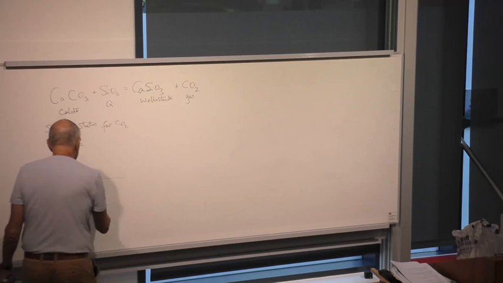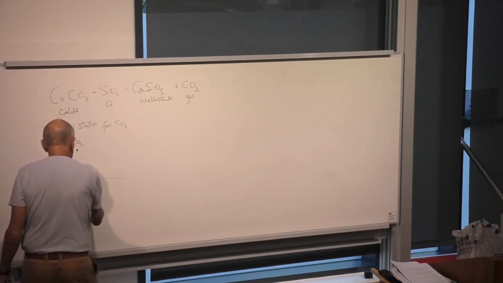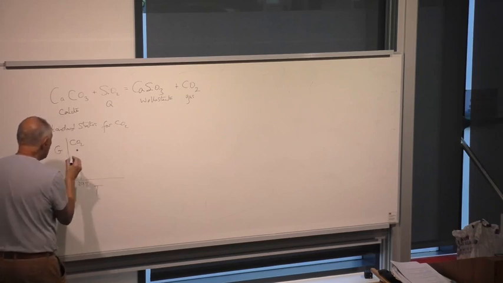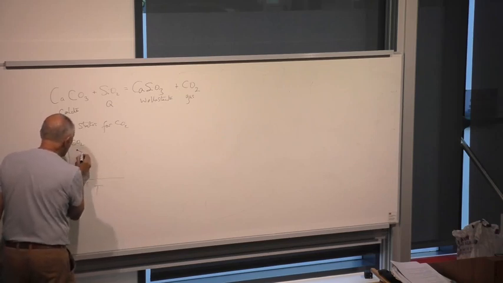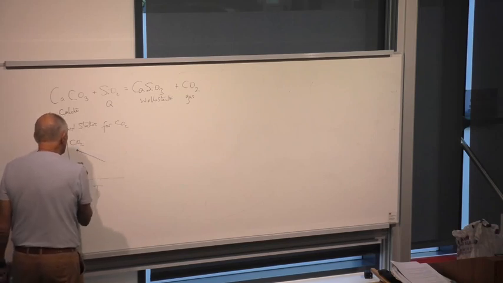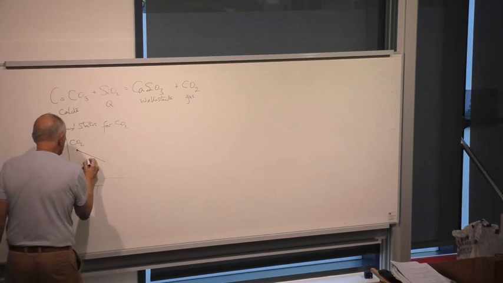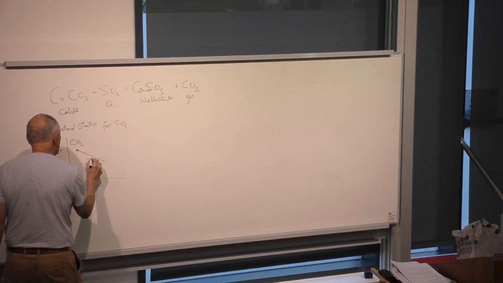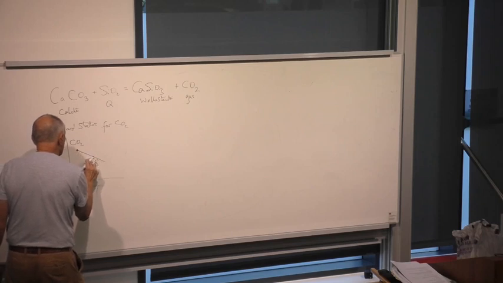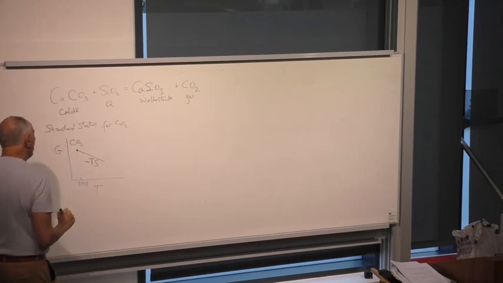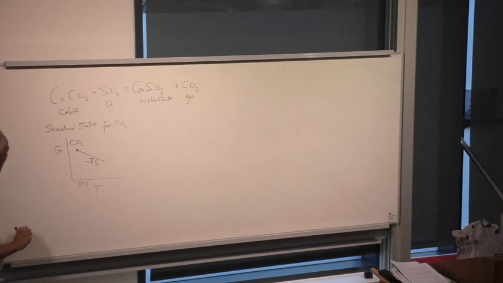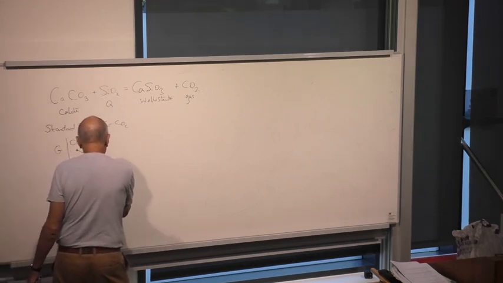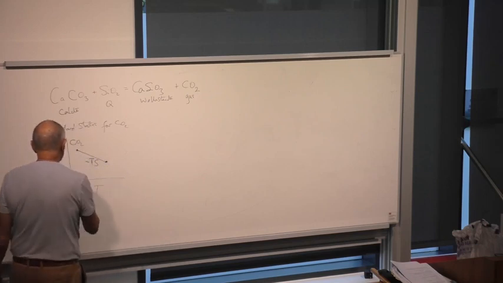So that might be room temperature, 298. And as we go up temperature, the free energy goes down because it's minus T times the entropy. So as T goes up, the free energy or chemical potential of pure CO2 will go down, until we get to here, so this is at 1 bar.